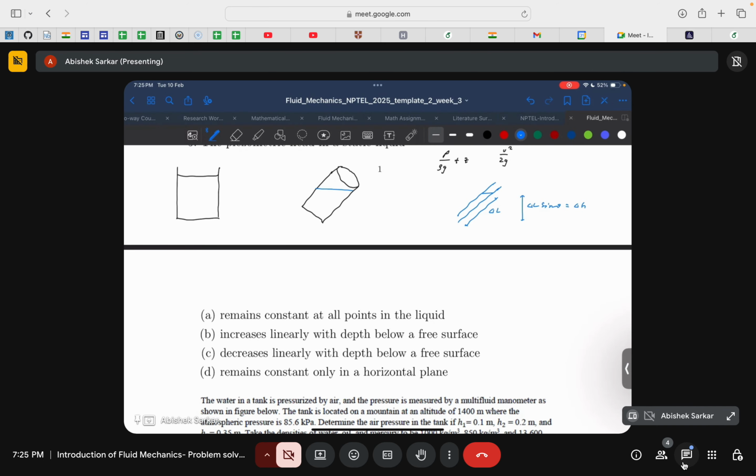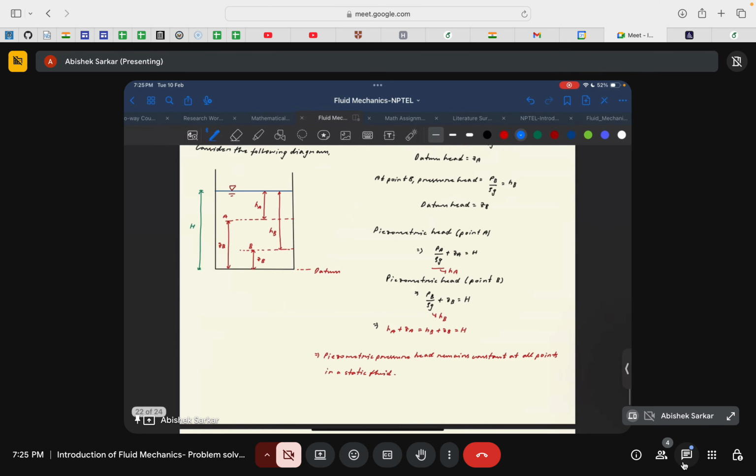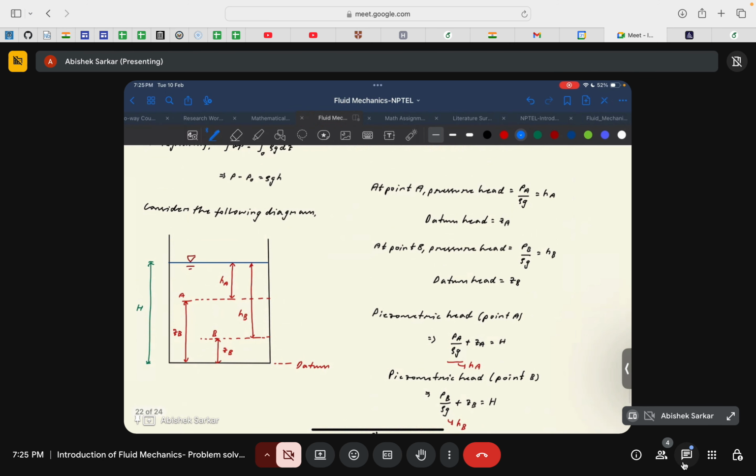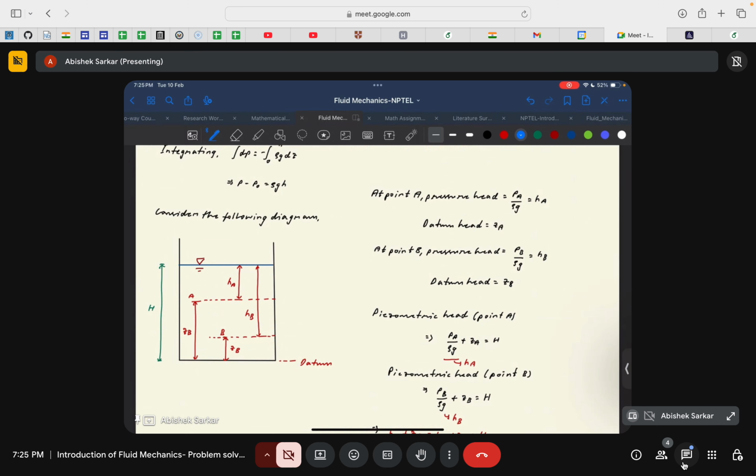So if I go back here, this was the example that I took. Take 2 points in the domain, point A and B. The pressure head, that is P by rho g, from the free surface to point A is this head HA, where HA is PA by rho g.